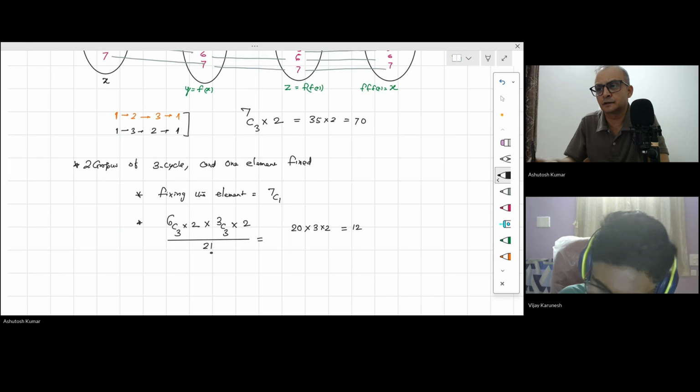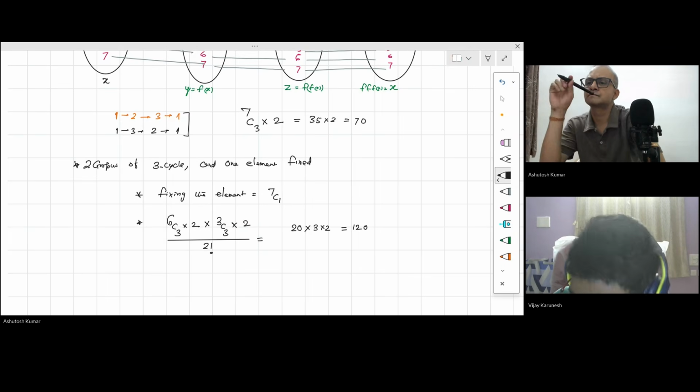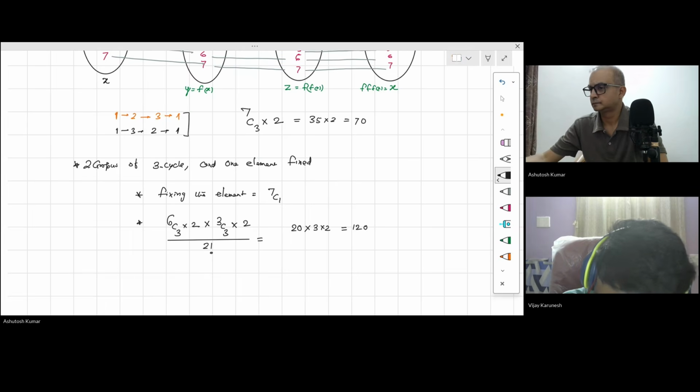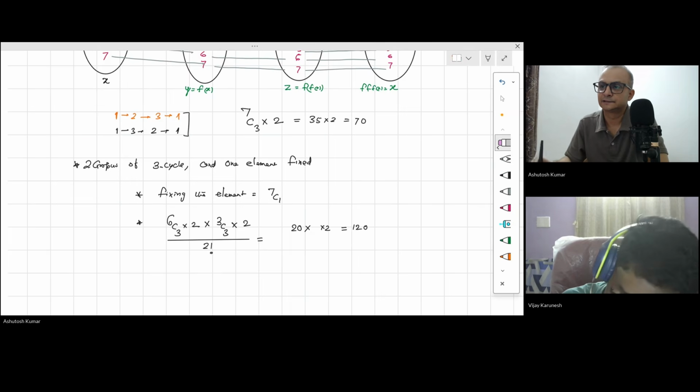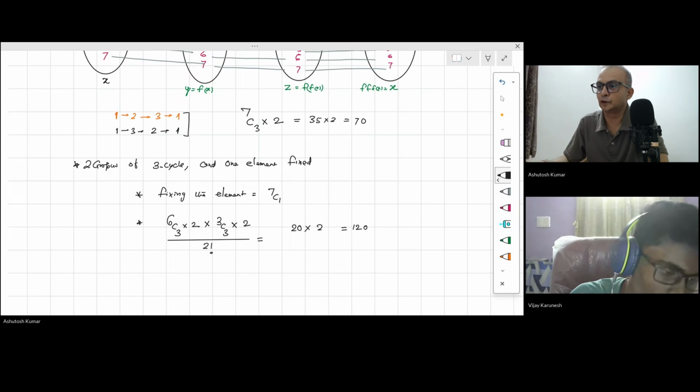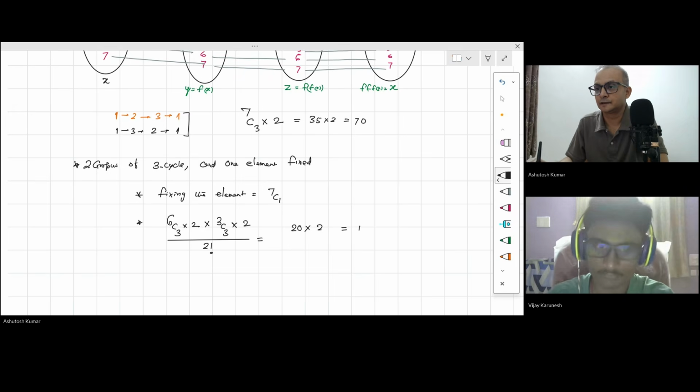So this is going to be 120. Okay, 120. 3C3 is okay, 2 only. So it's going to be 40.